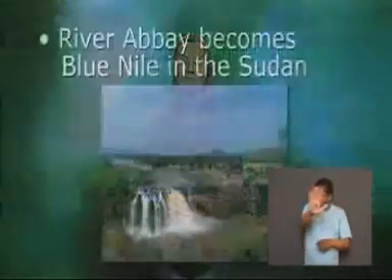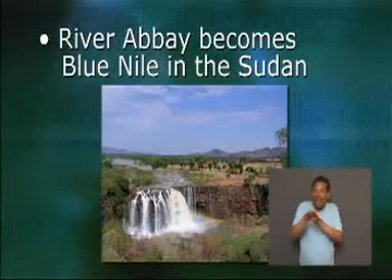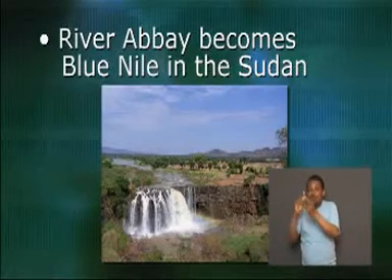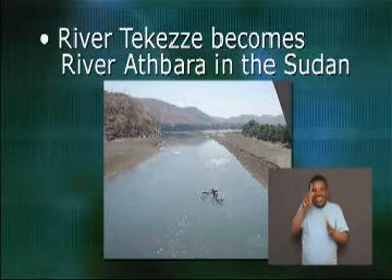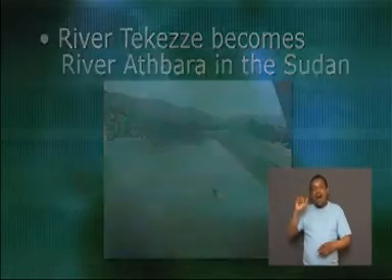Hello again, students. I wonder how many examples of this practice you and your partner were able to think of. When the river Abai passes into the Sudan, it is called the Blue Nile. The river Tigray becomes the river Athbara in the Sudan.